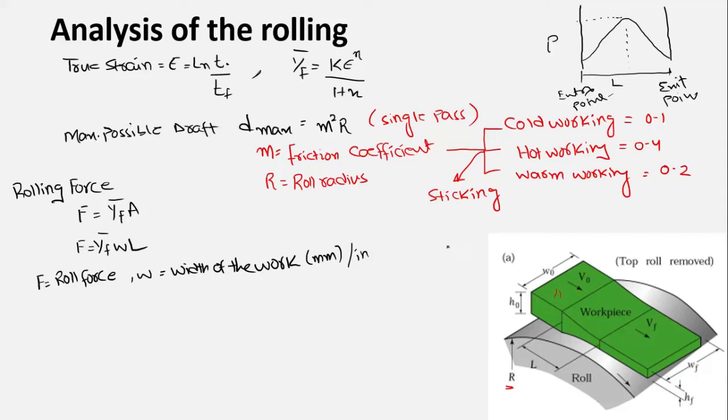And we have the length, again the length of the workpiece, oh sorry, the contact length. This is the contact length between the roll and the workpiece, which is also in millimeters or inches.